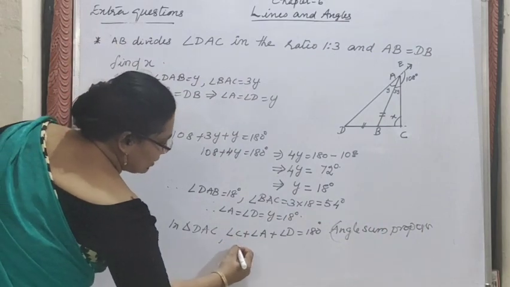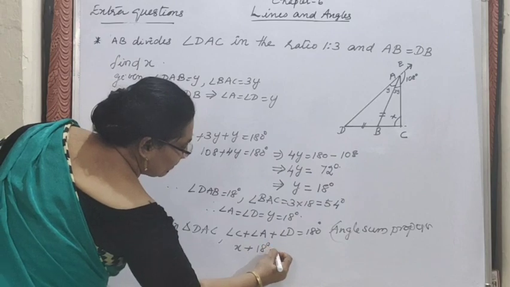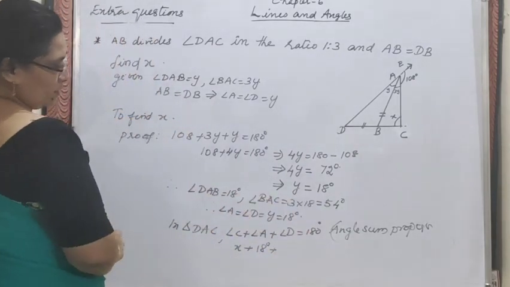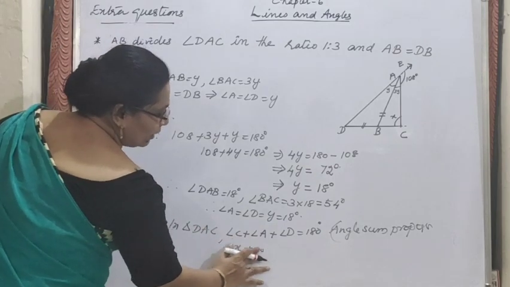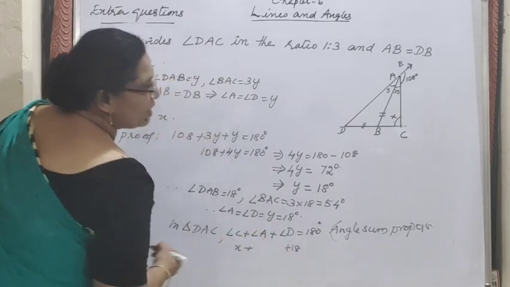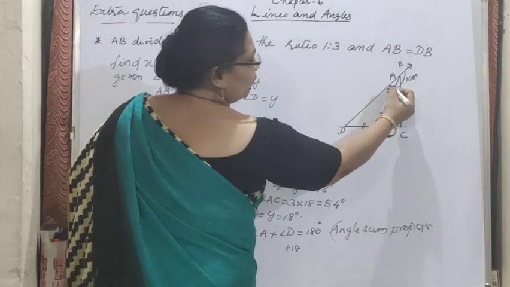Angle C is x here. Angle A means 18 plus 54 together, this is 4y.